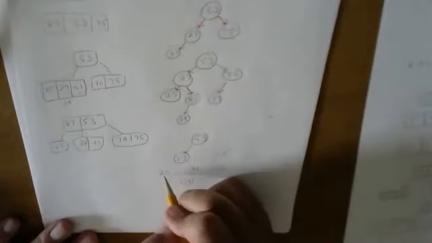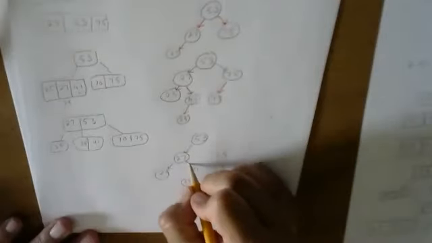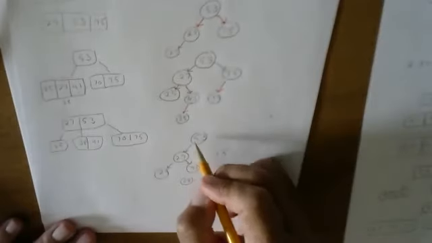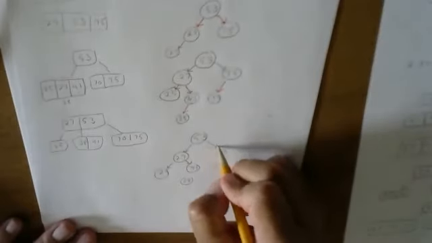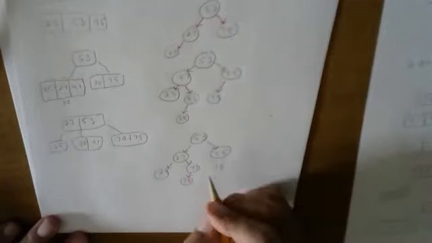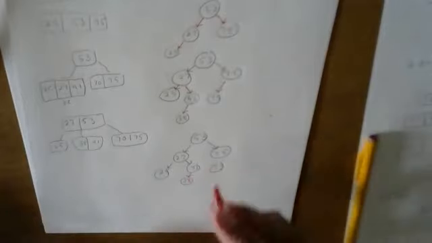Okay. 27 to 25 became black. 27 is a parent to 41, so that's black. 53 is a parent to 75, that's a black. 38 and 41 are red, and 73 and 75 are still red.